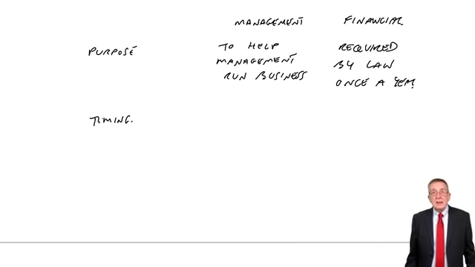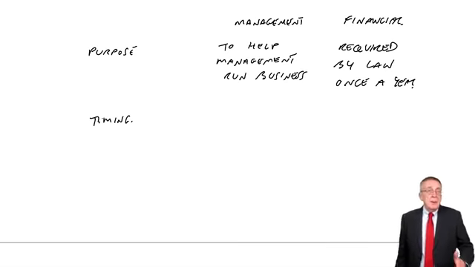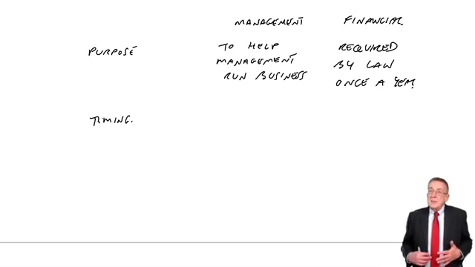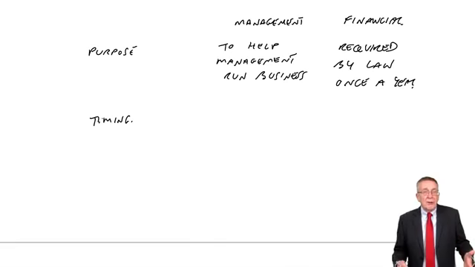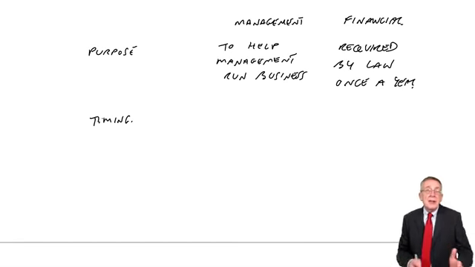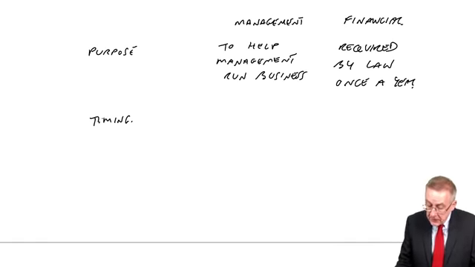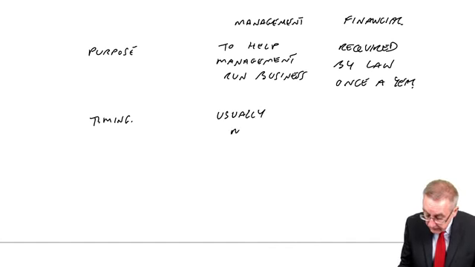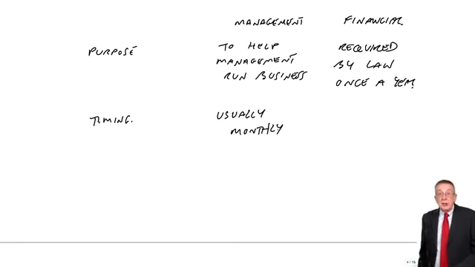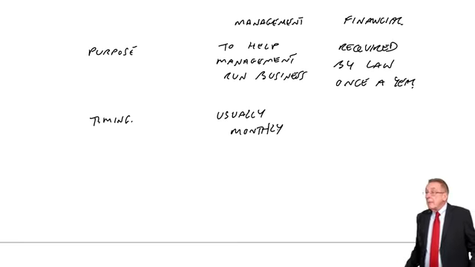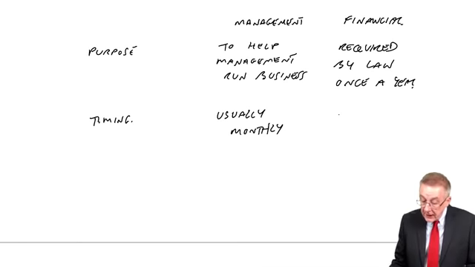They'll generally prepare statements once a month because managers want to know, if in January things are going wrong, they want to know in January, then they can try and sort out the problem for February. So management accounts are usually prepared monthly. But I've already said, financial accounts, the law requires them once a year.